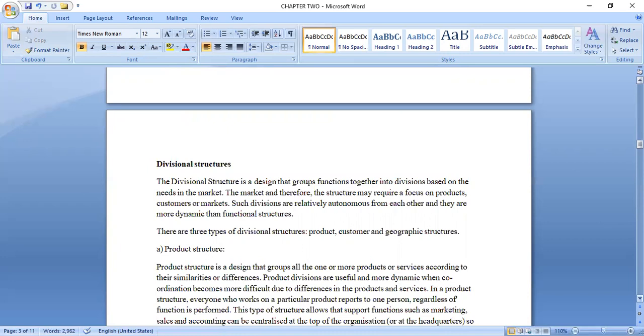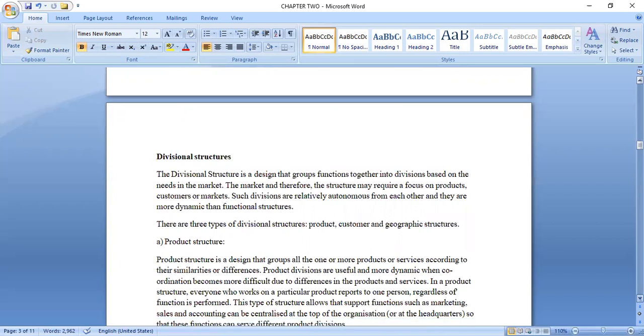The second type of organization structures is what we call divisional structures.